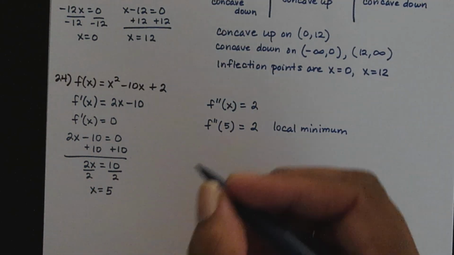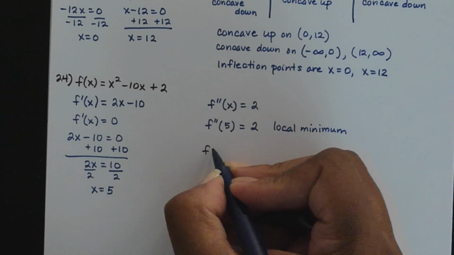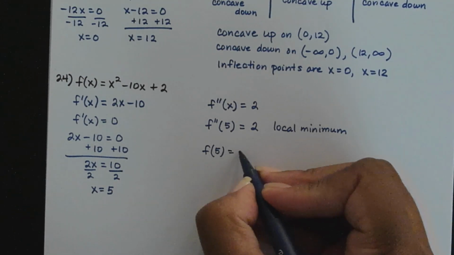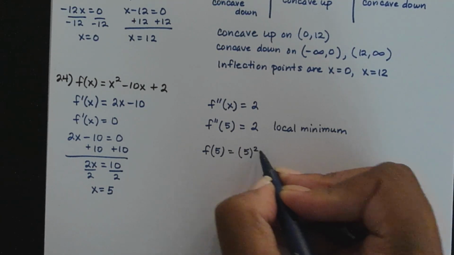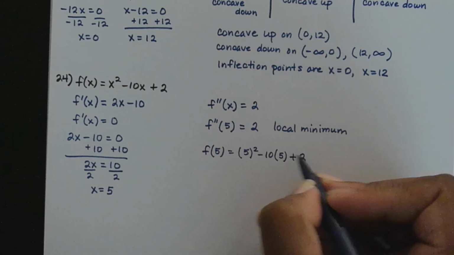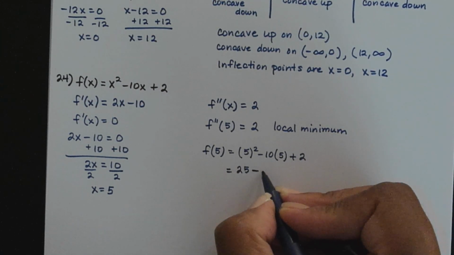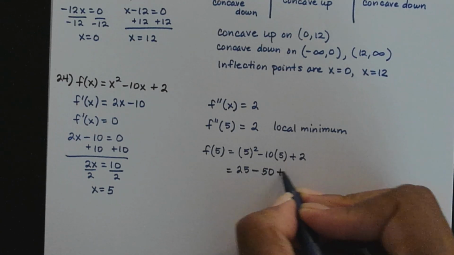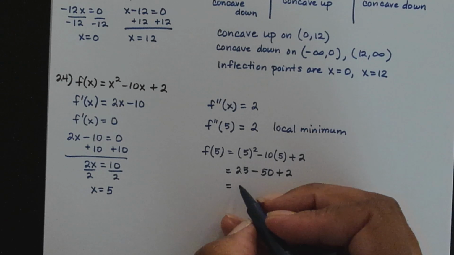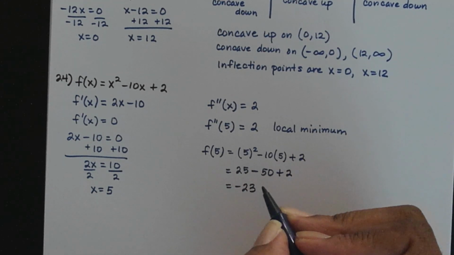If they want the coordinate for that, we just substitute 5 into the original function. 5 squared would be 25, minus 10 times 5 would be 50, plus 2. 25 minus 50 is negative 25, and negative 25 plus 2 would be negative 23.